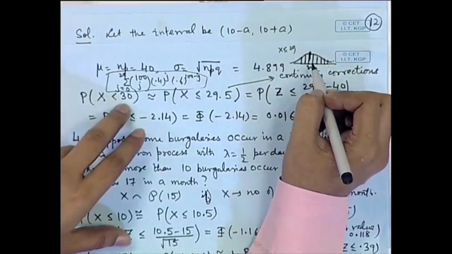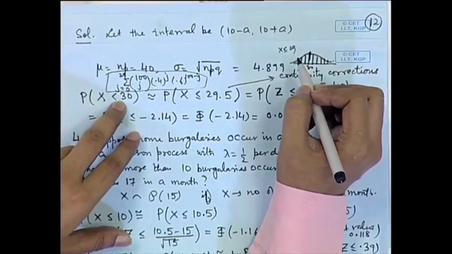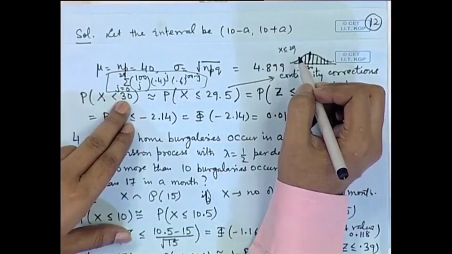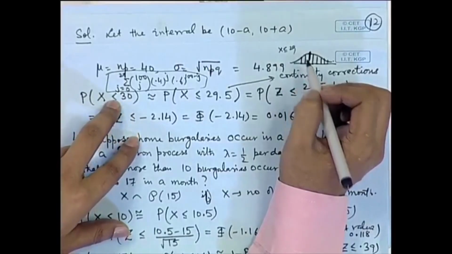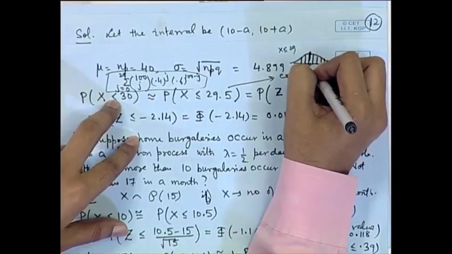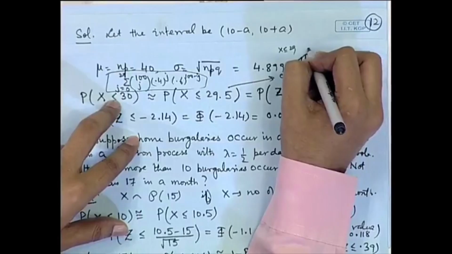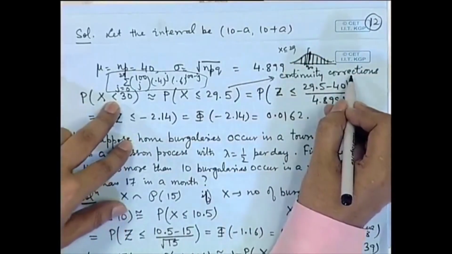In that case, if we had approximated it by normal, we should have written x less than or equal to 29, whereas here if we write straight away, we will write x less than or equal to 30, because in continuous distribution the probability of a point is negligible. So, a better thing would be to take a middle value between 29 and 30 as 29.5. So, this is called continuity correction.